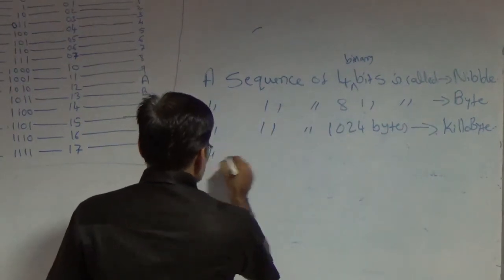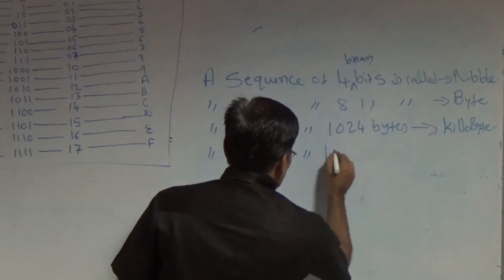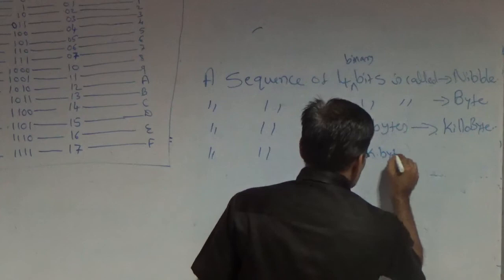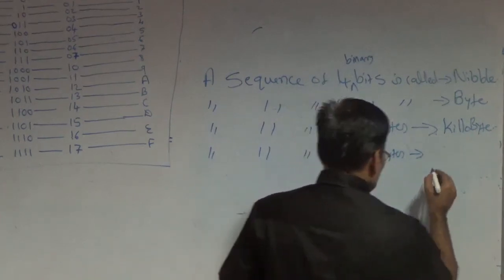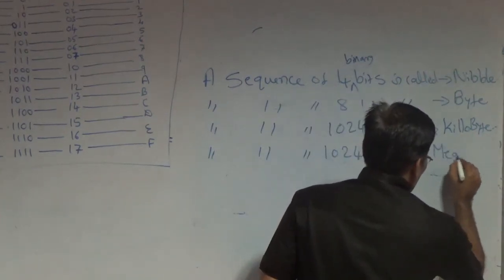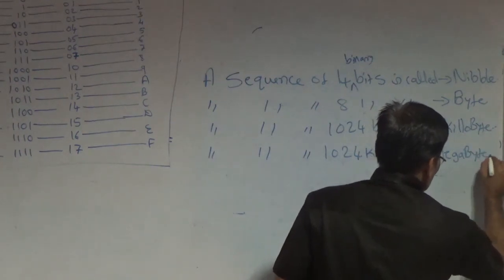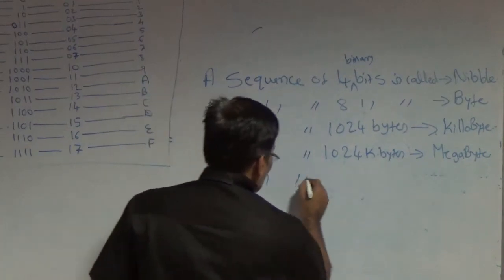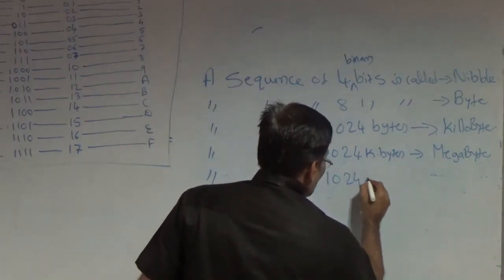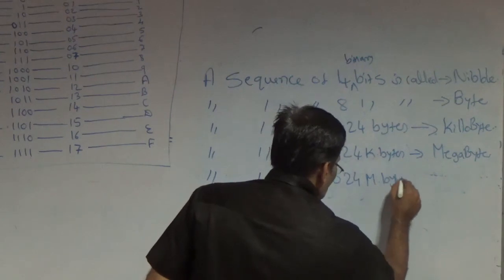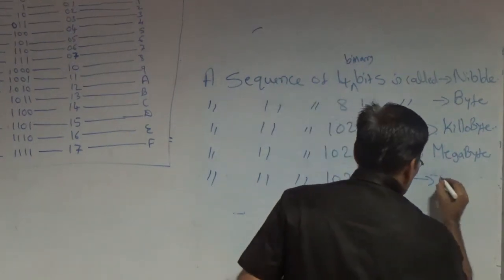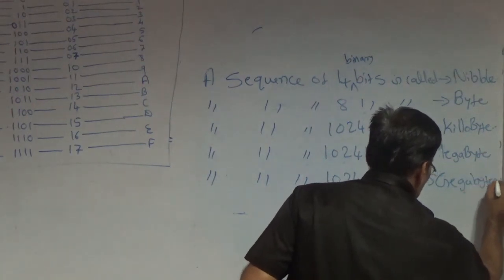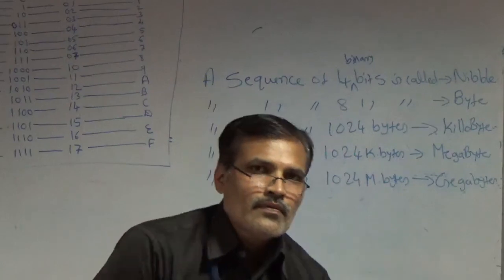Similarly, a sequence of 1024 kilobytes is known as 1 megabyte. Similarly, a sequence of 1024 megabytes is known as 1 gigabyte, and so forth.